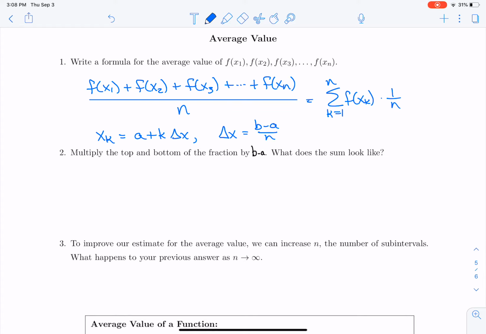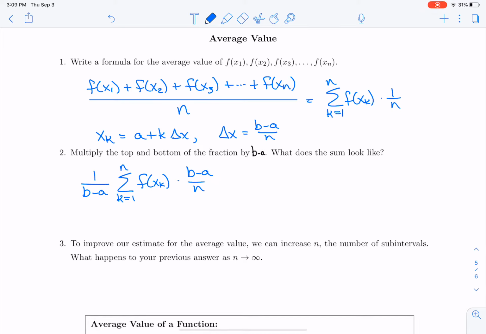Well, okay, I'm going to take my formula for the average here. So this is the sum from k equals 1 to n of f of xk times 1 over n. And I'm going to multiply the top of this by b minus a, and I'm going to multiply the bottom by b minus a.